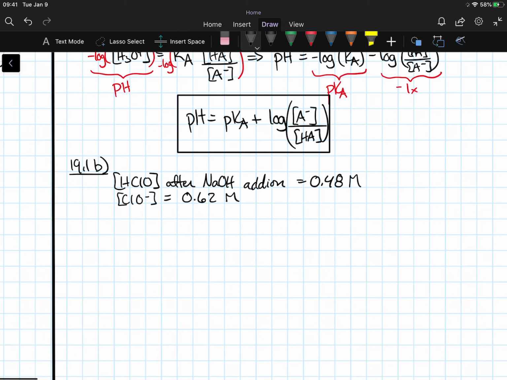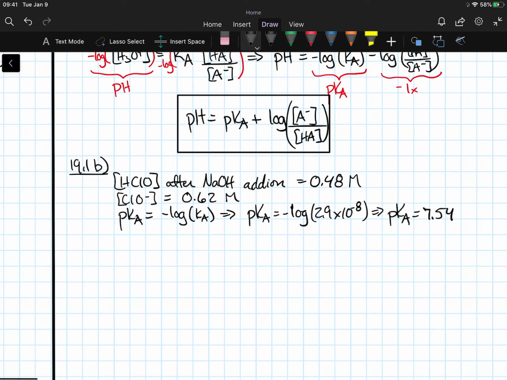We just need to find the pKa because we were given the Ka, so we know the pKa is just the negative log of Ka. In that problem, the Ka was 2.9 times 10 to the negative 8th. So pKa is equal to negative log of 2.9 times 10 to the negative 8th, and we end up with a pKa of 7.54.